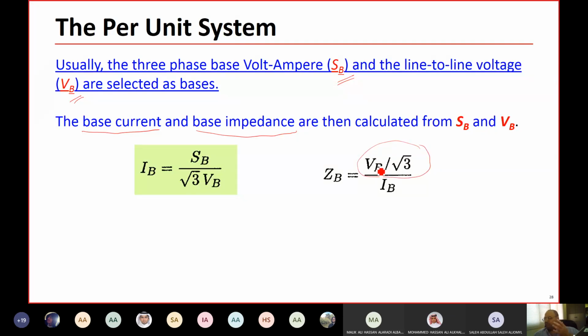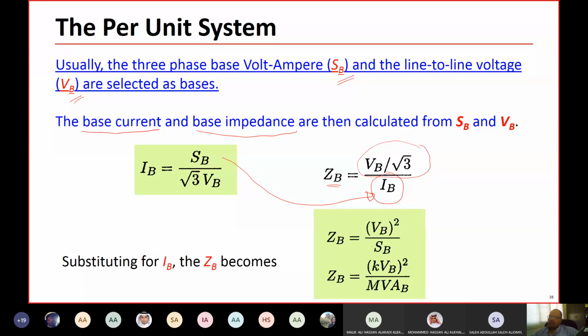Usually the default connection is Y, so the phase voltage equals line-to-line voltage over square root of 3. If you divide the phase voltage over the phase current I base, you get Z base. If you replace I base here, you get the impedance equal to V base square over S base.